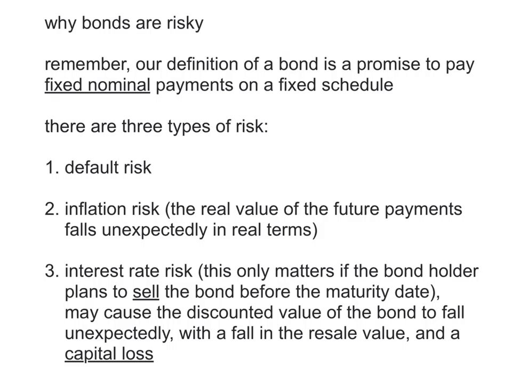Number three is interest rate risk. This kind of risk will only matter if you buy a bond and you are planning to sell it before the maturity date. If you're planning to hold the bond you bought all the way through to the maturity, this risk does not apply to you.